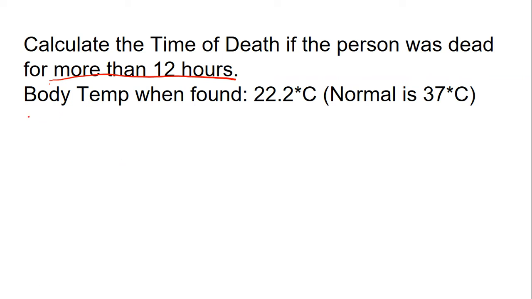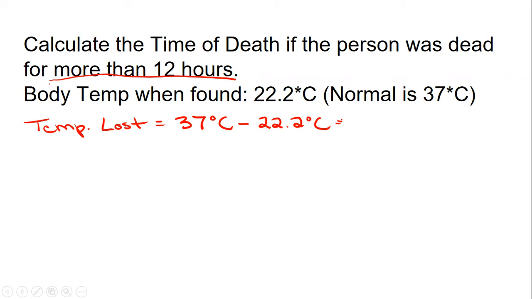So our first step is we need to figure out how much temperature was lost. For the temperature lost, we're going to have the original body temperature, so 37 degrees is when you're alive and healthy. We're going to subtract the temperature of the body when it was found. And what we're going to get is 14.8 degrees Celsius lost.